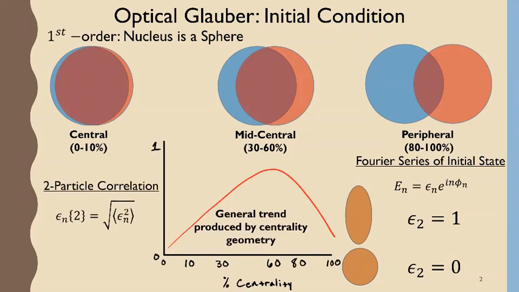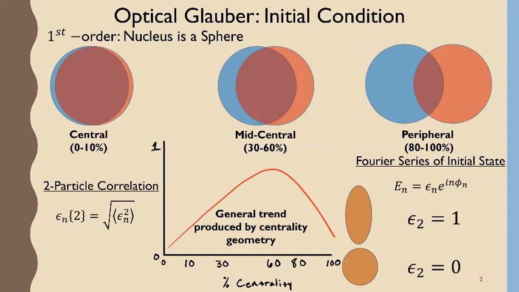The way we quantify this is by doing a 2-particle correlation over many, many events. The general trend you would see in a plot like this is cartooned in the center, where for central collisions you'd have a value pretty close to 0.